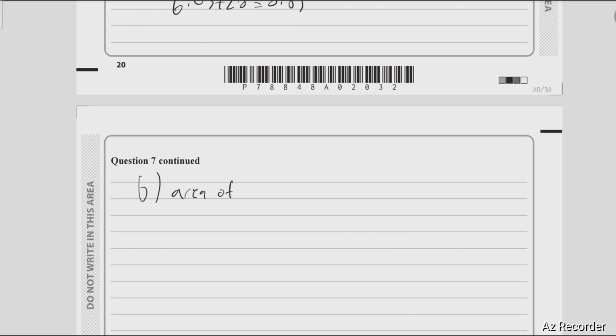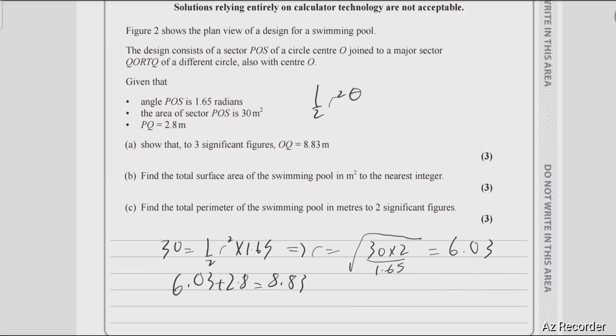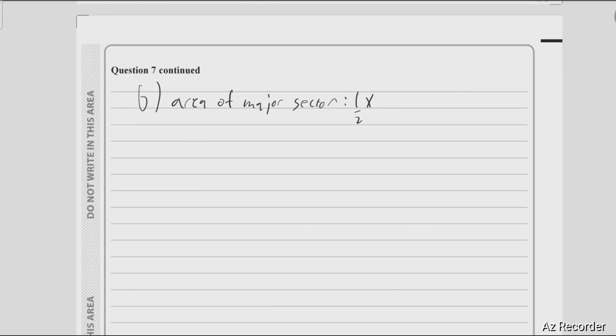Area of the major sector is half times the radius, 8.83 which we just found out, squared, times 2 pi minus 1.65, which equals 180.6.